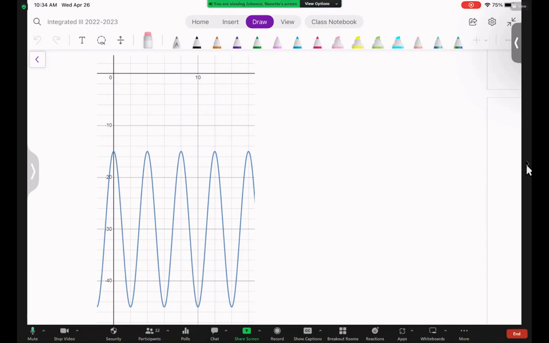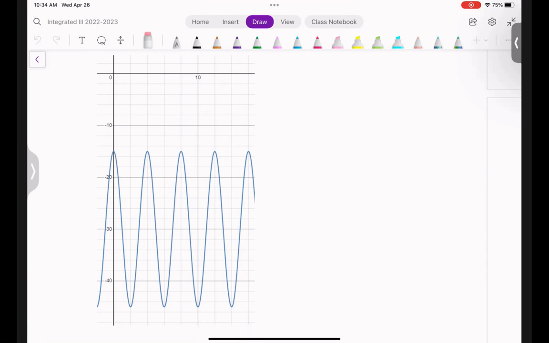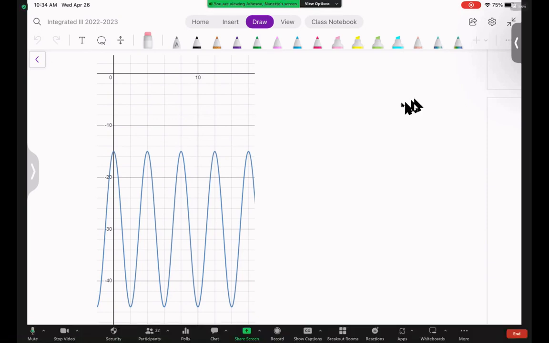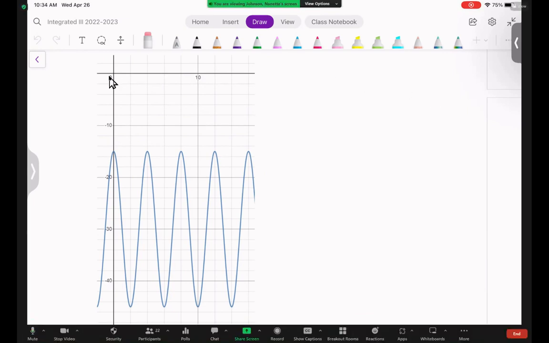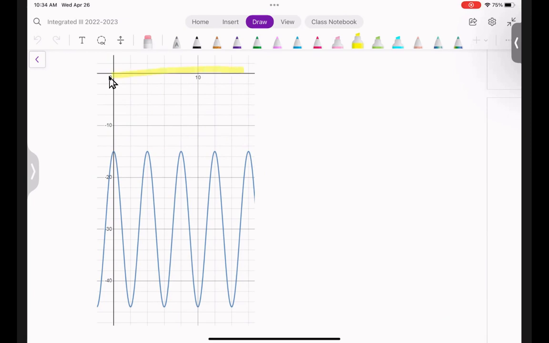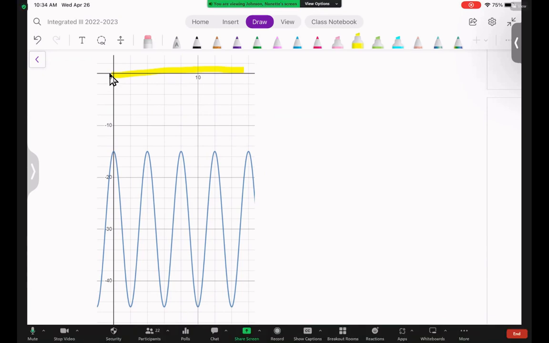Someone says, hey, Ms. Johnson, I noticed that it moved down a bunch. And you're going to tell me how much it moved down. Normally your midline is here at 0, and now your midline moved all the way to the bottom. So I need you to calculate your midline, the middle of the graph.